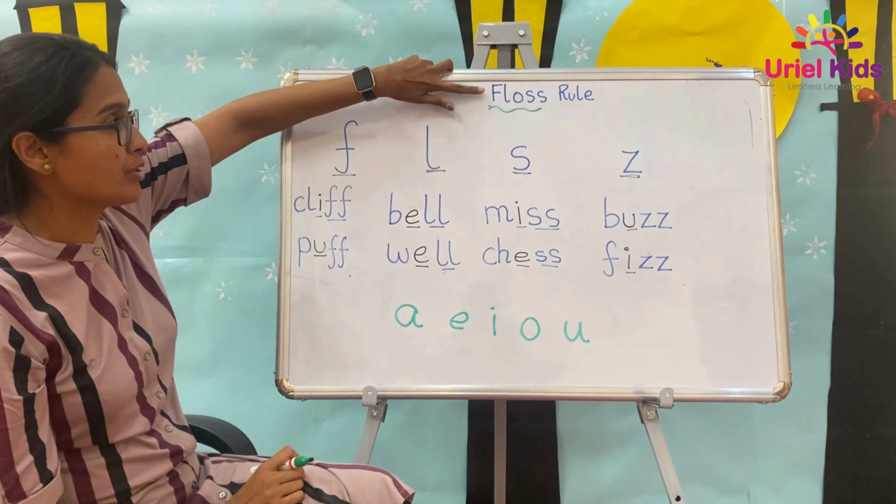Or if we hear the l sound at the end of the word after a short vowel sound, we have to double it. Or if we hear the s sound at the end of the word after a short vowel sound, we have to double the consonant s. Or if we hear z at the end of the word after any of these short vowel sounds, you have to double the consonant sound z.